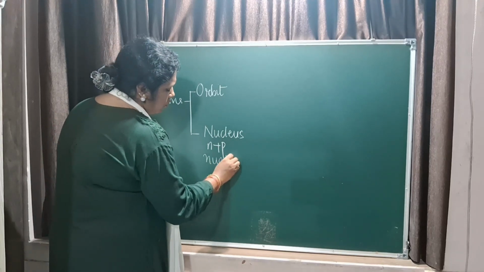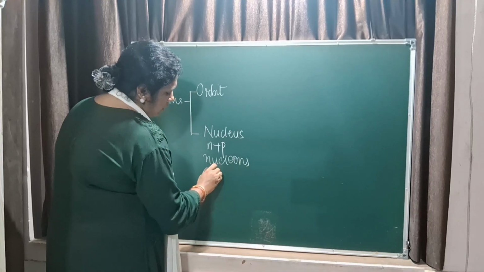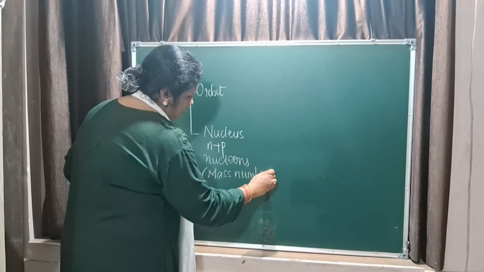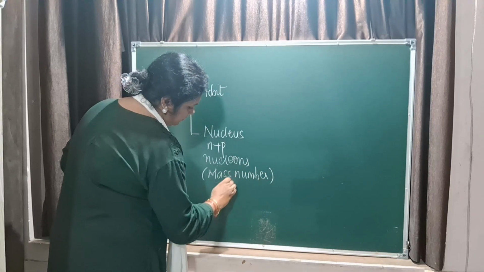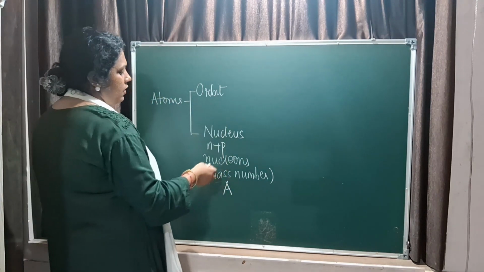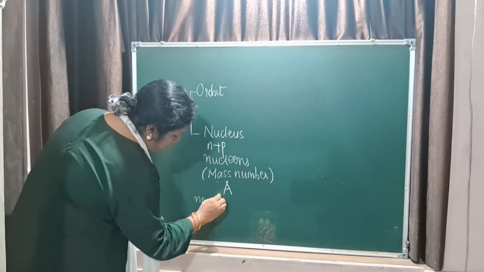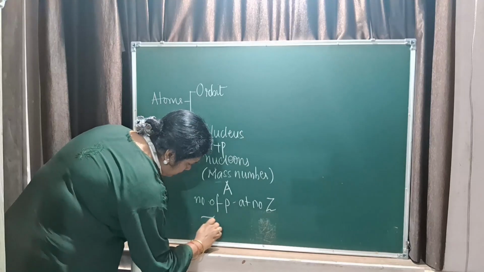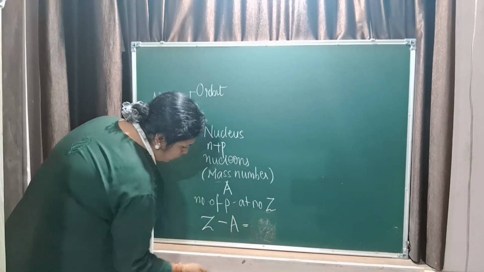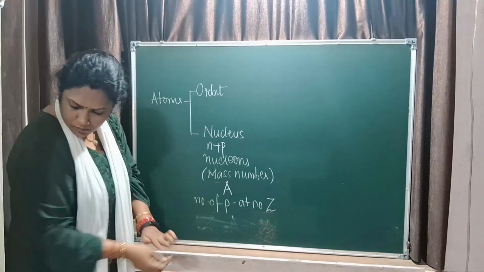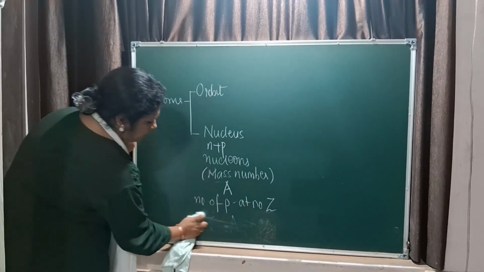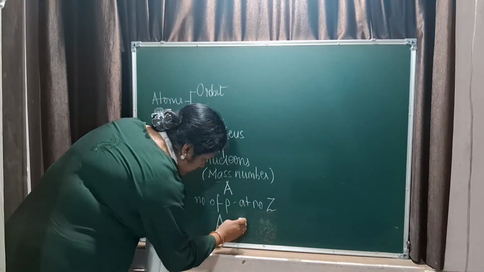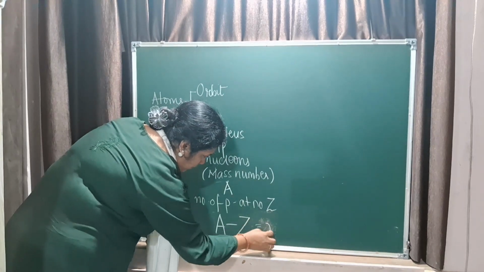Together they are called nucleons and they form the mass number, denoted by A. The number of protons is the atomic number, denoted by Z. So atomic mass minus atomic number is equal to the number of neutrons.